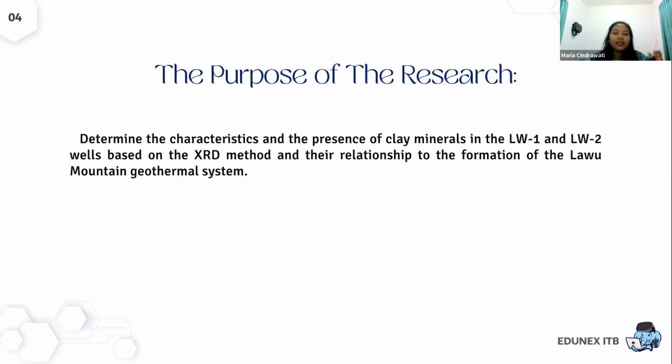So the purpose of my research is to determine the characteristic and the presence of clay mineral in the LW1 and LW2 wells, based on the XRD method and their relationship to the formation of the Lawu mountain geothermal system.